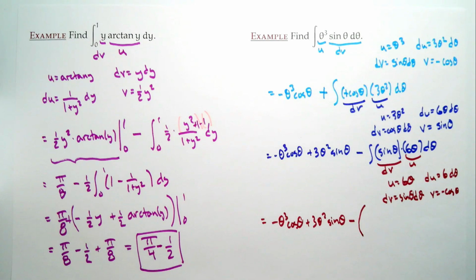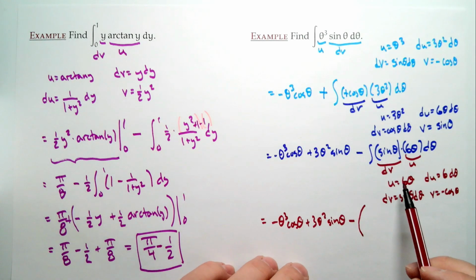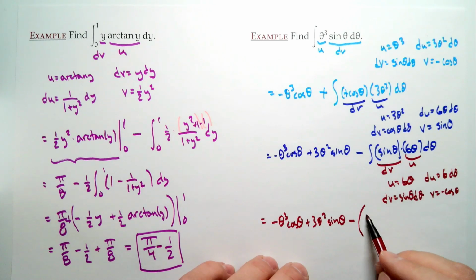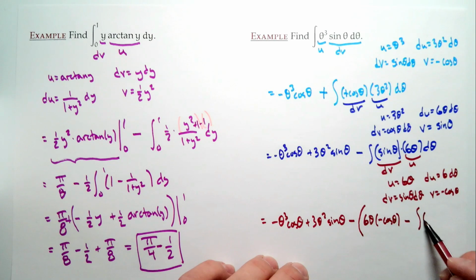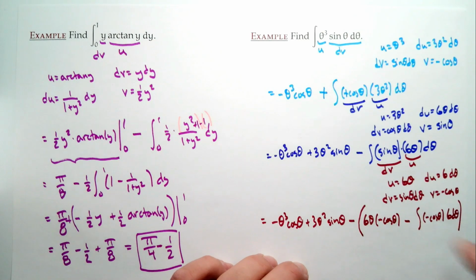So when in doubt, throw in a parenthesis so you don't forget. All right, so what do we have? We have uv, so that's 6 theta, then times minus cosine theta, then minus the integral of v du. So minus cosine theta times 6 d theta. We still have an integral left to do.